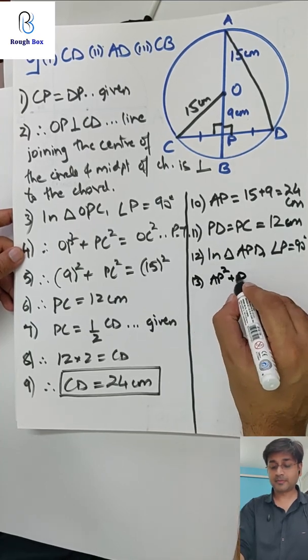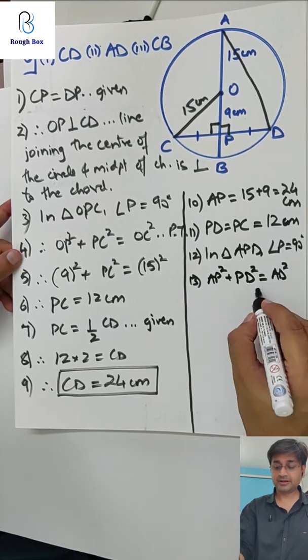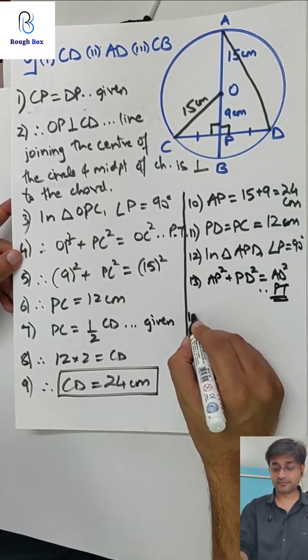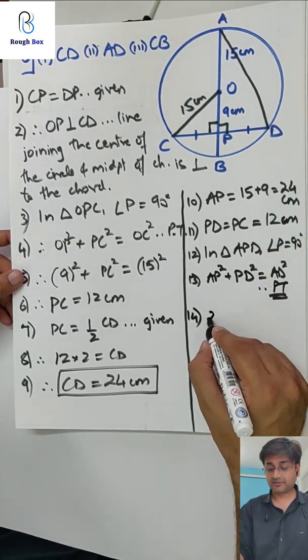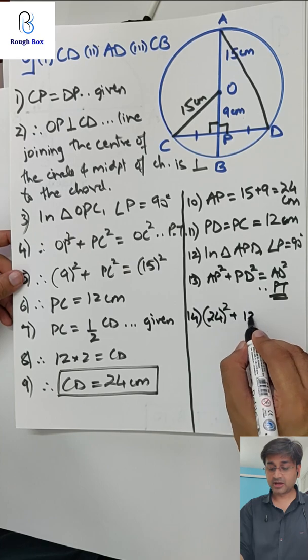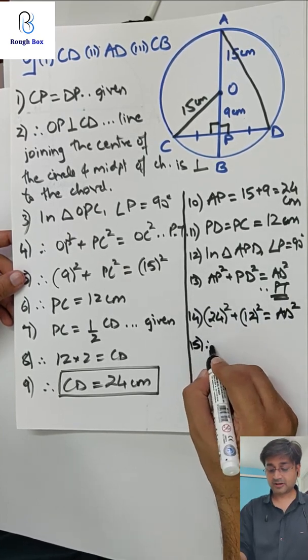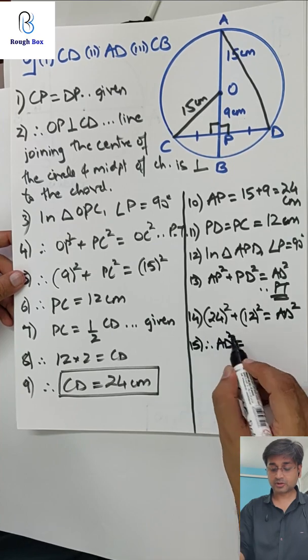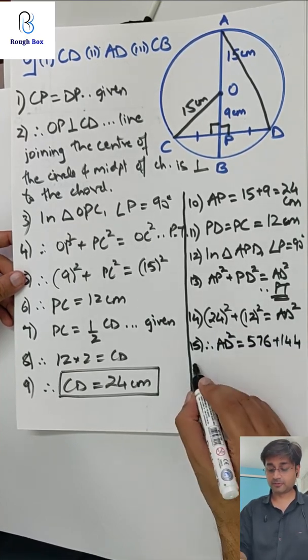So AP squared plus PD squared equals AD squared. Reason, Pythagoras theorem. So therefore, how much is AP? AP is 24, PD is 12. So AD squared is 576 plus 144.